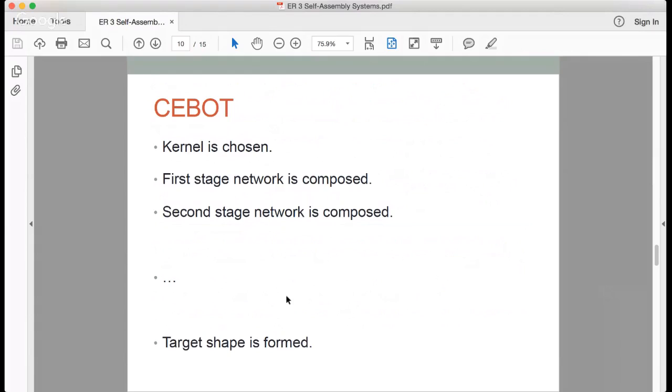The units involved in the first stage network then gather some surrounding units and form the second stage network. Repeating this process increases the stages, and the network grows stage by stage, approaching the target configuration. In this method, a unit joining the network mimics the biological differentiation process.